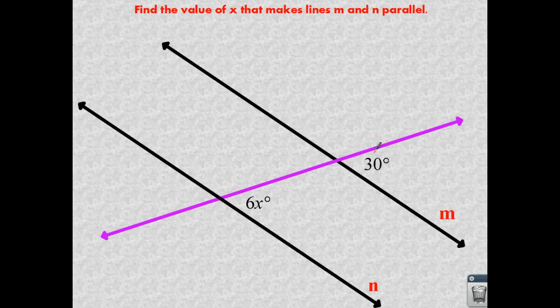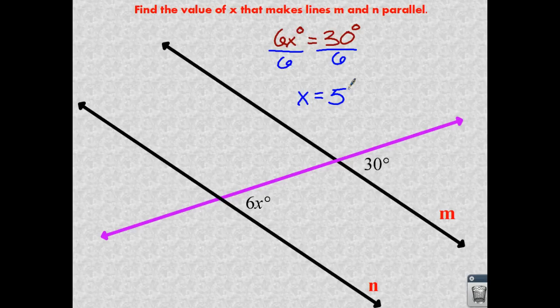And what do we know about corresponding? Yes, they are equal to each other. So if I have 6x degrees being equal to 30 degrees, because they are the same measurement, they're equal to each other, how are we going to figure out what x is? Okay, so we do our inverse operations, and x is equal to 30 divided by 6, which is 5.